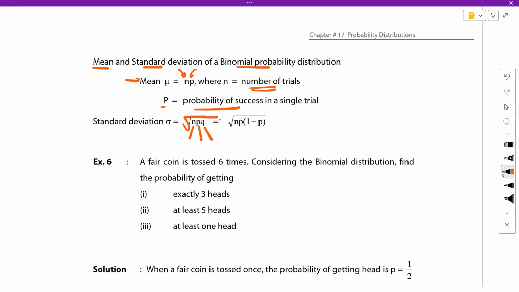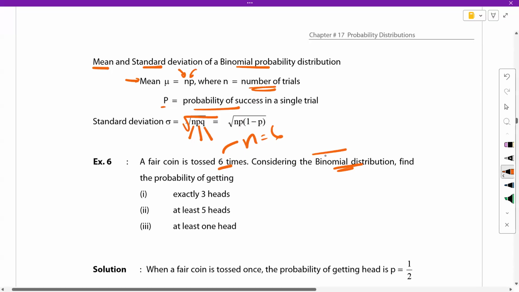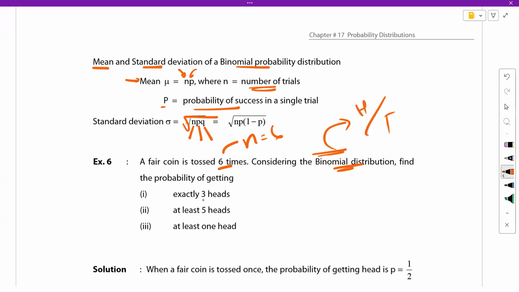Now we will work on an example. A fair coin is tossed 6 times, so now n equals 6. Why are we considering the binomial distribution? Because it has only two outcomes, head or tail. Find the probability of getting exactly 3 heads.